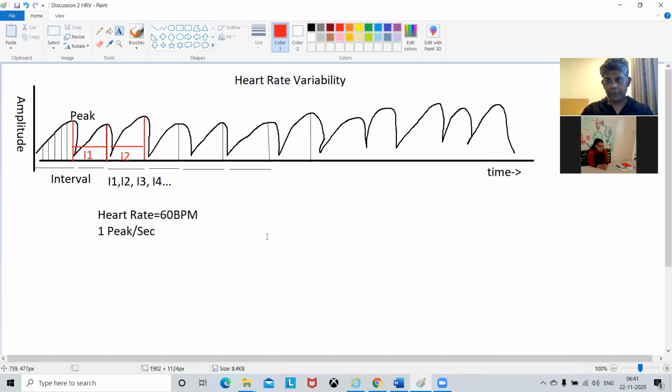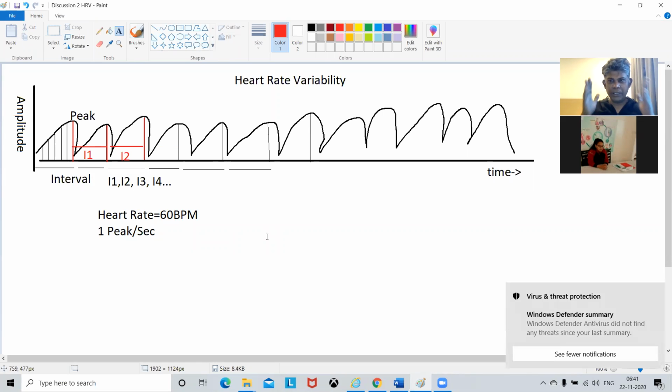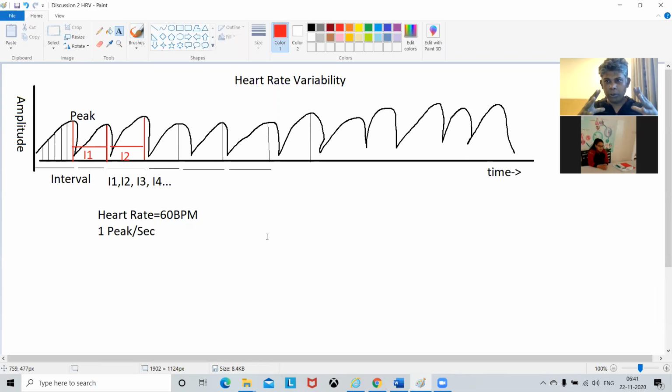Now, if I1 is equal to I2 is equal to I3 is equal to I4, it means that the signal is very, very robust. The heartbeat is appearing at exactly the same position. Say I1 appears after 1000 milliseconds, because we are taking the heartbeat as 60 BPM.